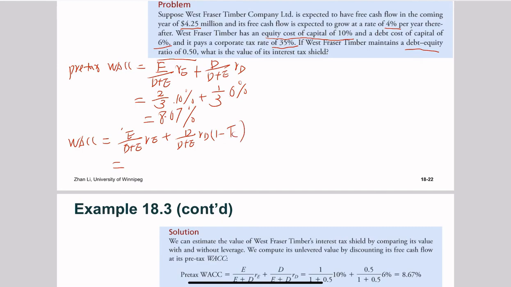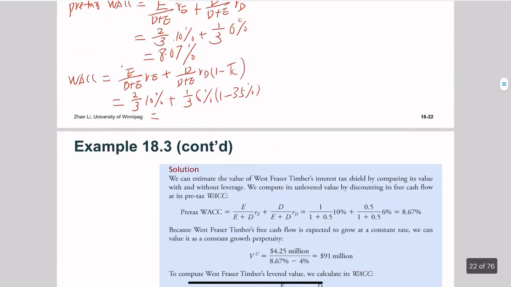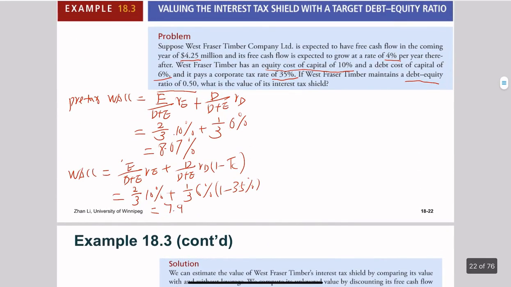So this would be 2 over 3 times 10%, plus 1 over 3 times 6% times 1 minus the corporate tax rate, 35%. This gives us 7.97%.